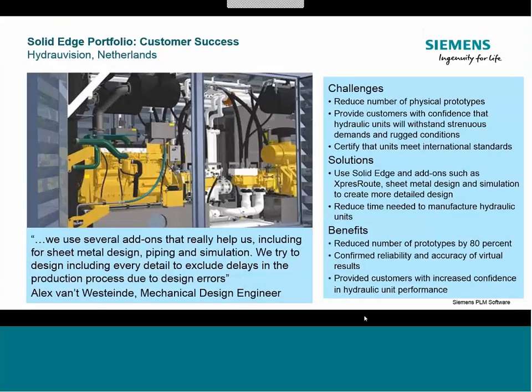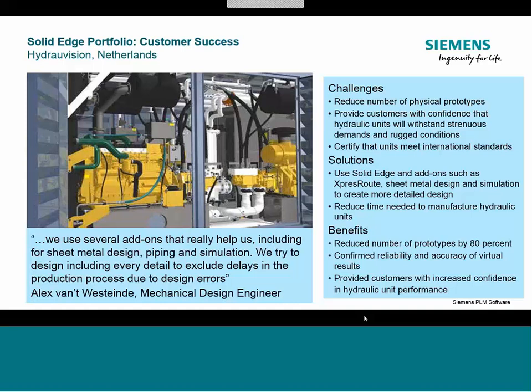So I just wanted to make a couple of comments. We have a lot of case studies of how our customers are applying Solid Edge on our website. So if you go to solidedge.com and you look in the case studies area, this particular one I'm showing here is from a company called Hydrovision. They make hydraulic power systems. As you can imagine, there's a lot of piping and tubing involved with those power systems.